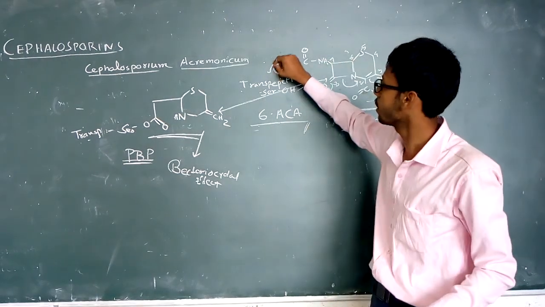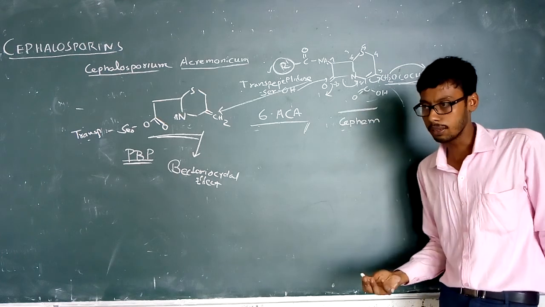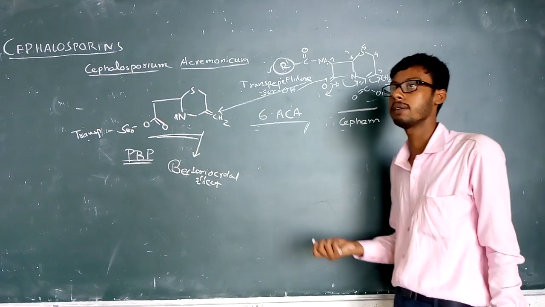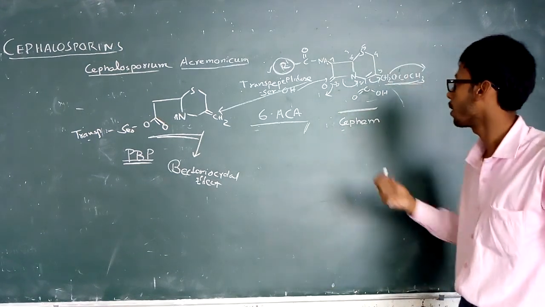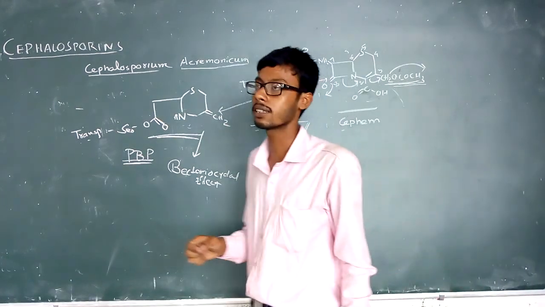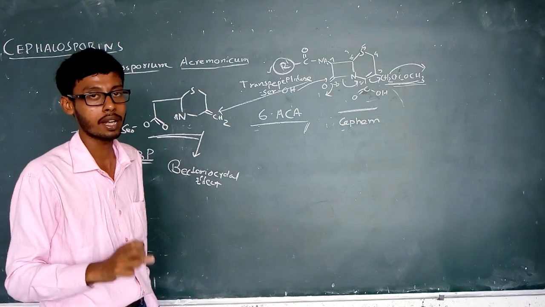Here R generally is responsible for the antibacterial activity of the cephalosporin, and the 3 position is generally responsible for the various pharmacokinetic properties of the drug molecule.